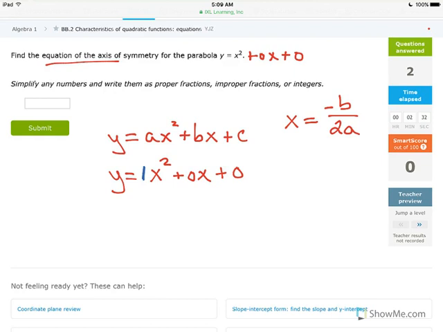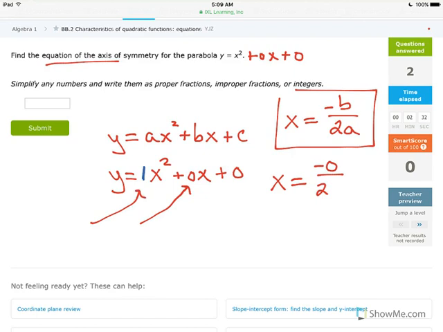So to use our equation to find the axis of symmetry, x is going to equal, what's the b value? 0 in this case, over 2 times, what's the a value? 1. Negative 0 would just be the same thing as 0.